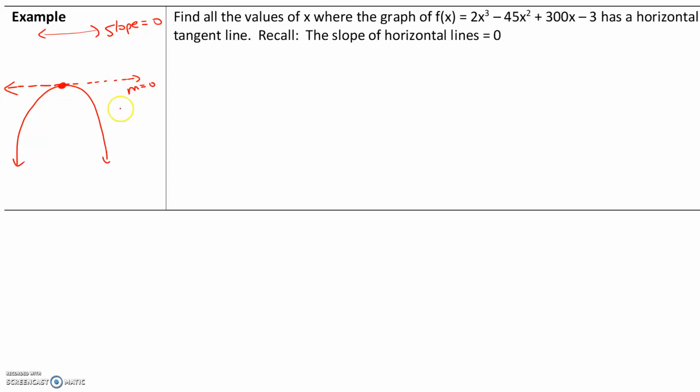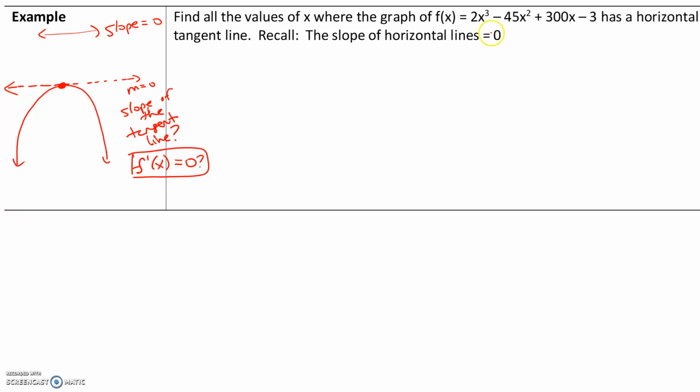Now, do we remember what the slope of the tangent line is equal to? Hopefully by now, since I've said it a million times, the slope of the tangent line is just equal to the derivative, f prime of x. So basically, we want to figure out where f prime of x is equal to 0. That's the question. So once again, let me restate that.